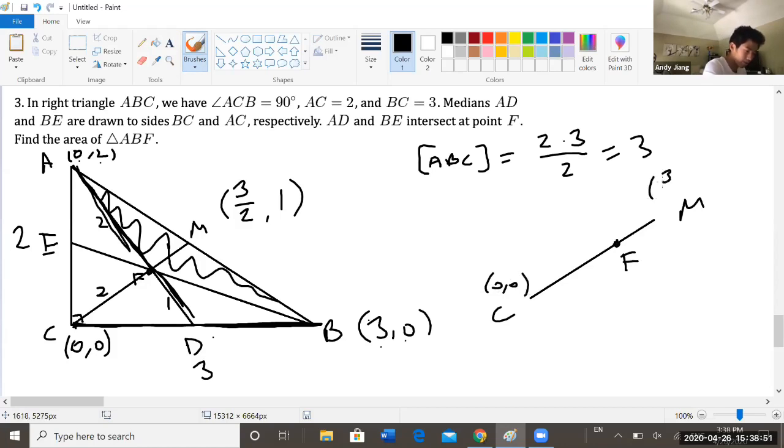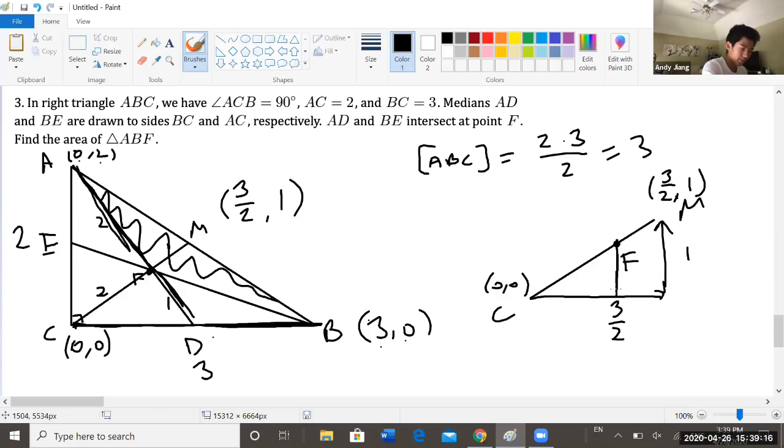M is 3 halves, 1. So how I would do this is find the x displacement, the difference for the x value. That's 3 halves. And then find the y distance. That's 1.